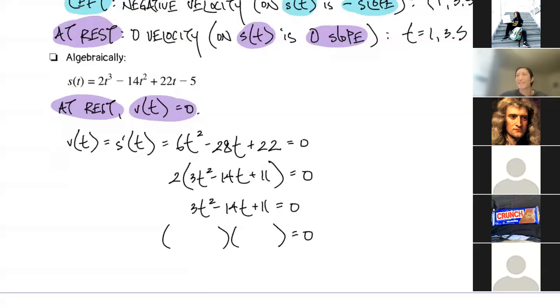All right. Anybody got that factored? If you do, maybe type that into the chat. t minus 1 and 3t minus 11. Can anyone confirm that for us? Or not confirm it?